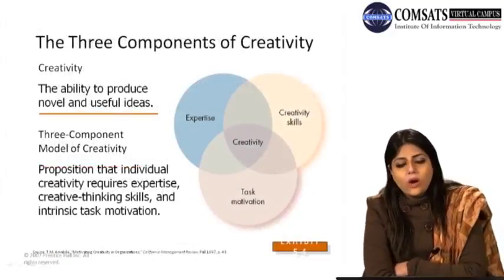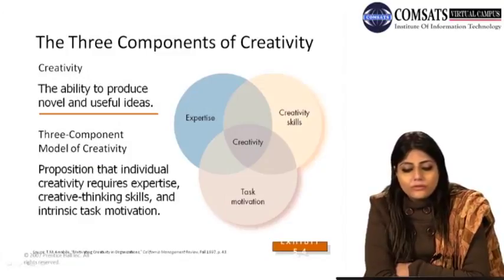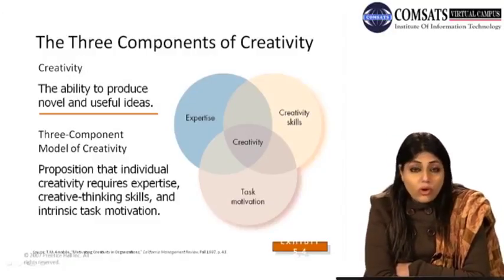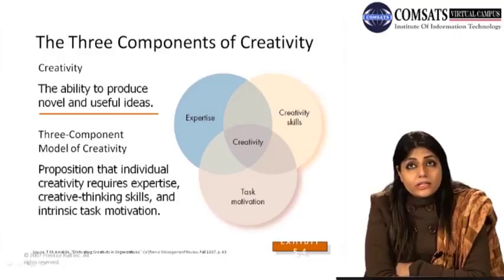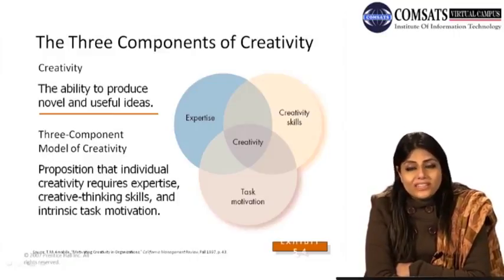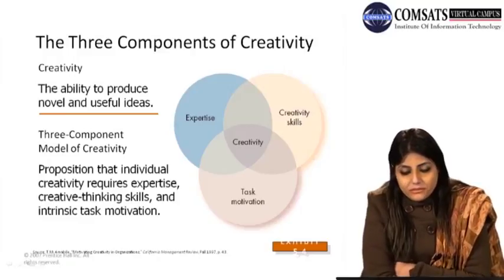Then we see the component of creativity, and what the determinants of this creativity component are when it comes to idea building and decision making. As you all understand, creativity is basically the ability to produce novel and useful ideas.